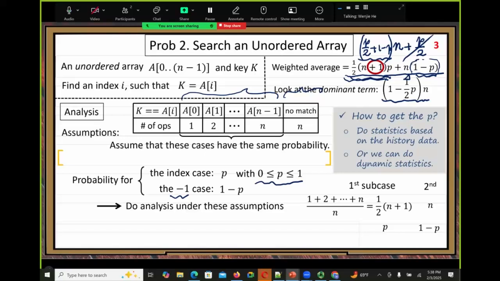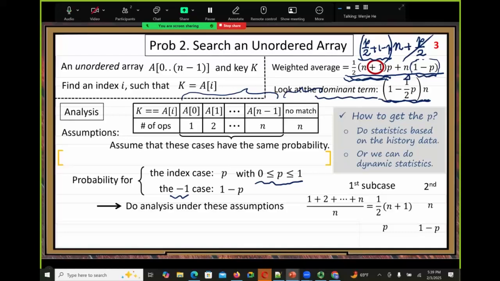Think about it: when n is large, if we ignore 1/2, is it a big deal? No, right? It is very small. But if we ignore that term, we get a simpler formula. After this approximation, we call the remaining term the dominant term in the original formula, because this term dominates all the other terms.